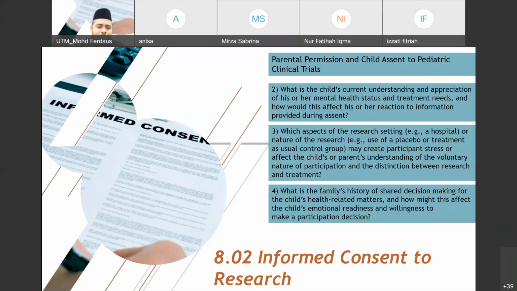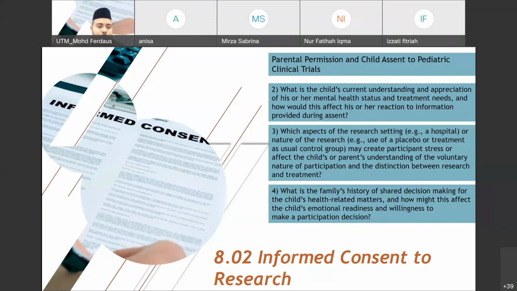And then if they are parents who are manipulative, they want the money, they want the coupon. So basically they don't care about the interest of the children, their sons and daughters. So they want to take it, basically not for the interest of the children, not because of their health-related matters. It's just because of the incentive.